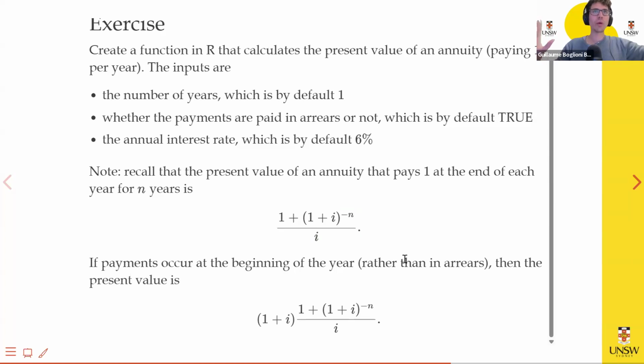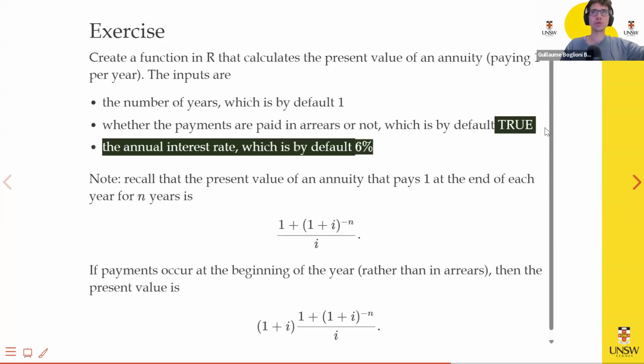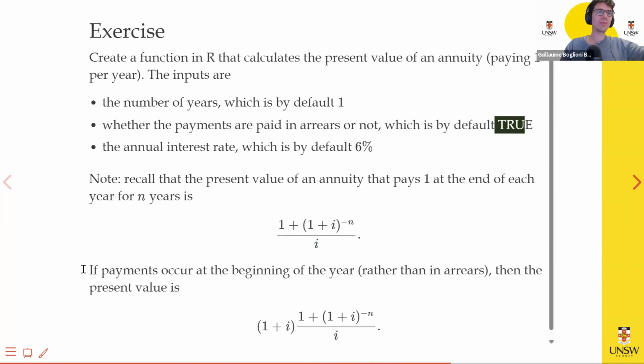But for you here, for a programming task, I just want you to create a function that returns this if the argument specified by the user is true. Otherwise, if payments occur at the beginning of the year, then the present value is different, and in that case the present value is this expression. And so your function should deal with both cases.